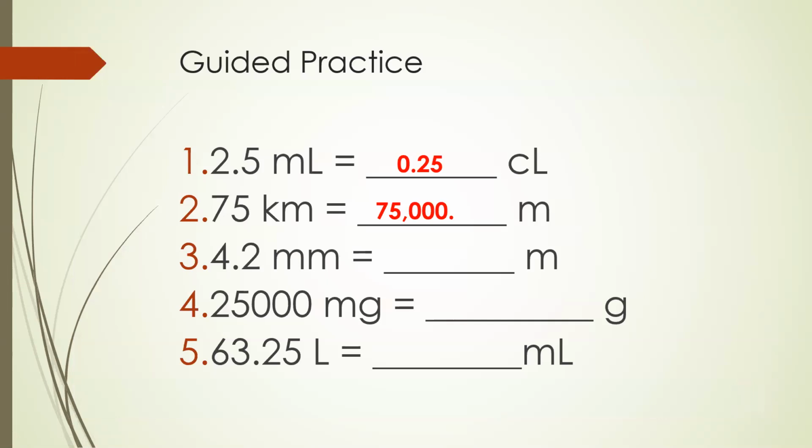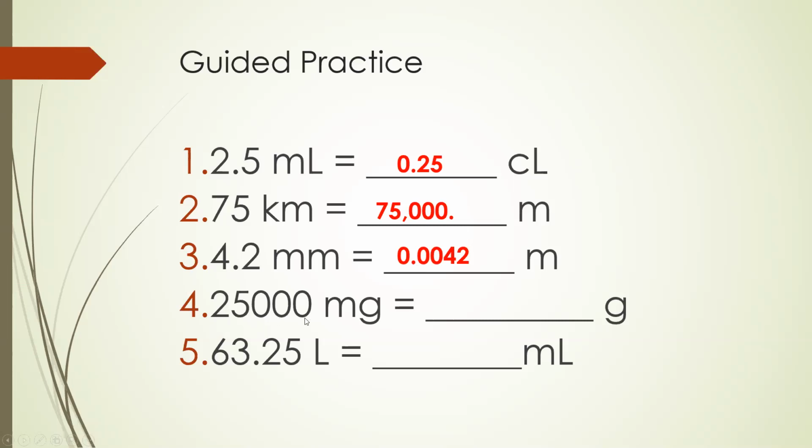And then 4.2 millimeters into meters. So millimeters is smaller, and I believe we move it 1, 2, 3 places, but it's going to the left this time. So I moved it 3 places. It was right here. So I went 1, 2, 3 places and put my decimal point.